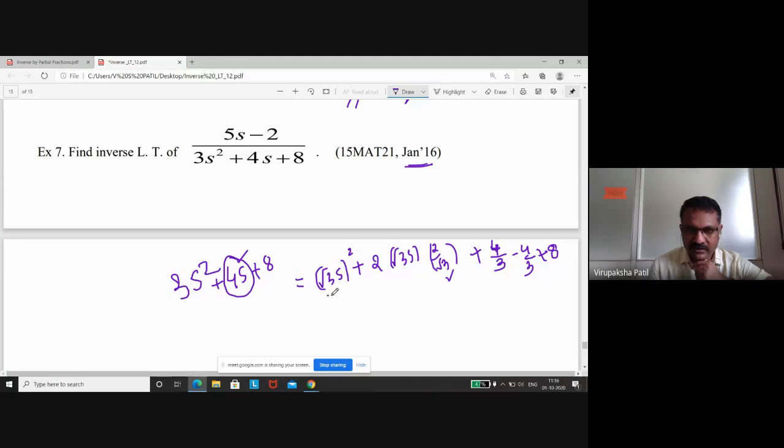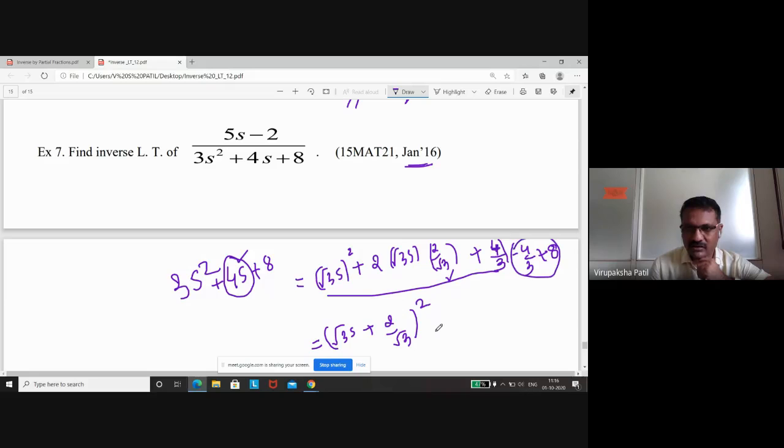Now considering these terms, what can you write? This term you can write as root 3s plus 2 by root 3 whole square. This is one term. You can write it or not? Then you need to simplify the rest.